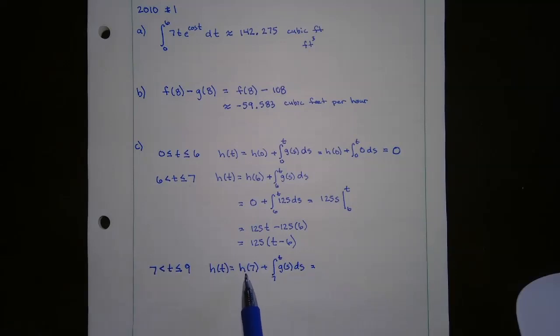We can figure out h(7) by putting 7 in for t: 7 minus 6 is 1, 1 times 125 is 125. So h(7) is 125.